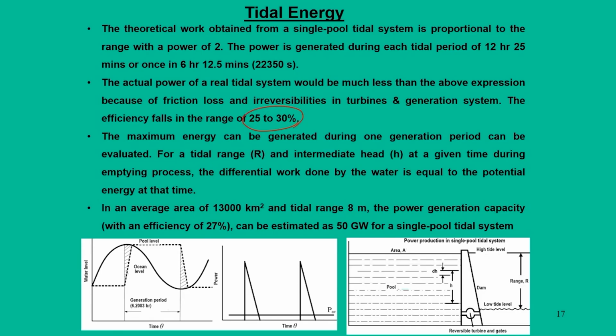A simplified analysis shows that if you take a coastal area of about 13,000 square kilometers where the tidal range is 8 meters, then the capacity of tidal power could be 50 gigawatts, again with an efficiency of 27%.